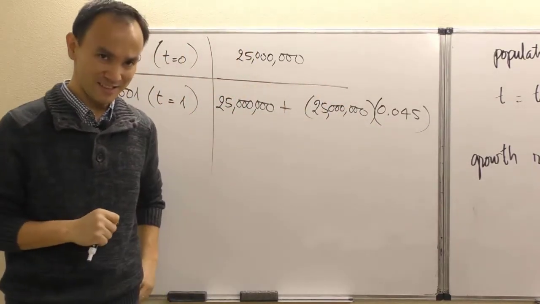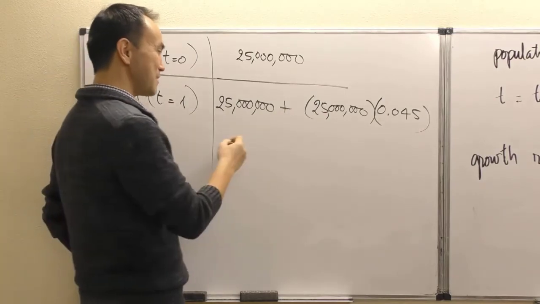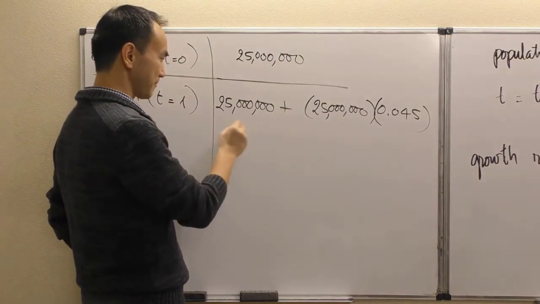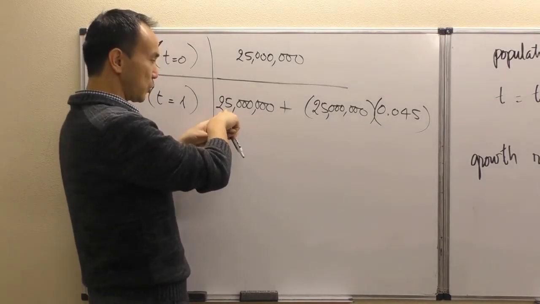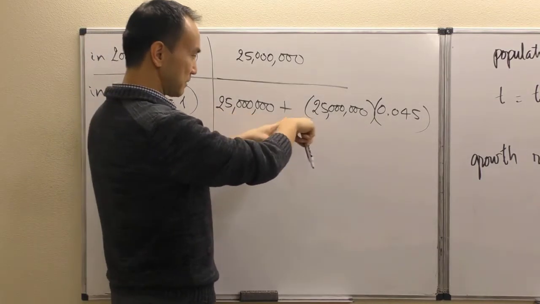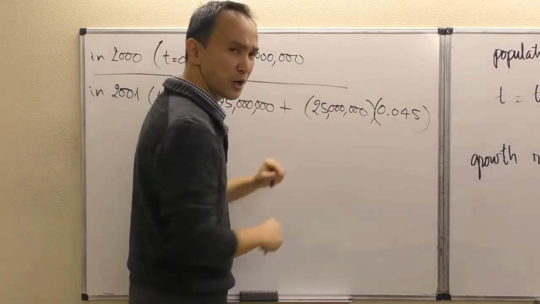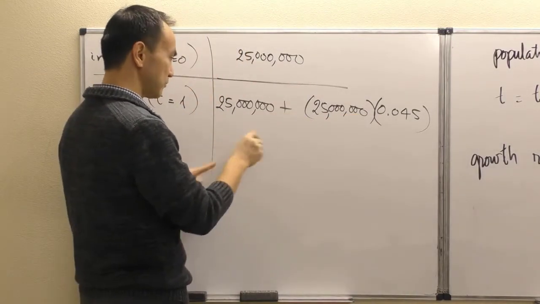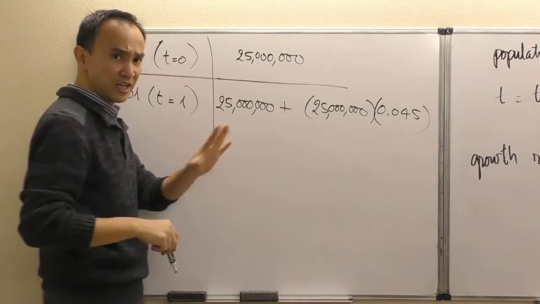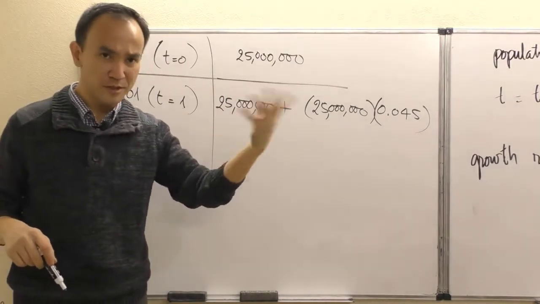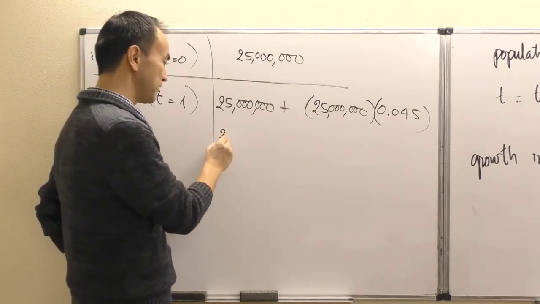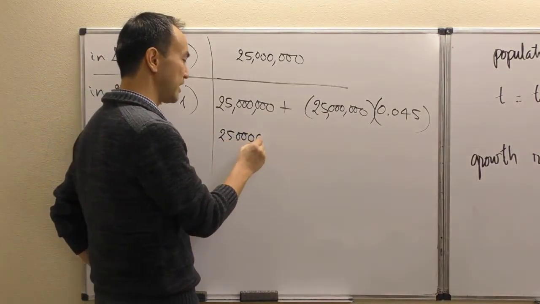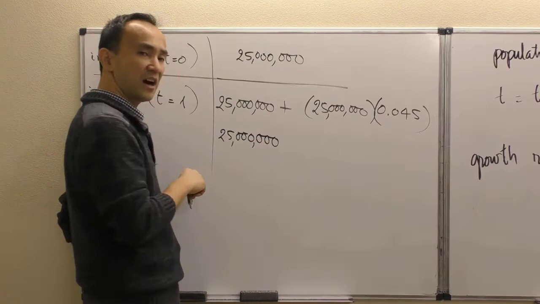That's how it happens. Okay, and so now all of a sudden I realize that mathematically it's 25 millions here, added with 25 millions times 0.045. So that means we have a common factor here. Anyone learning calculus should be familiar enough with the algebra, at least with the common factor thing. We can surely factor out, and I didn't even have to pull out any calculator yet. 25 millions.